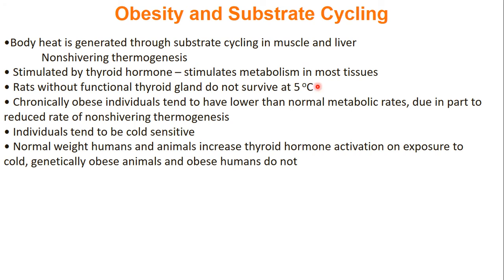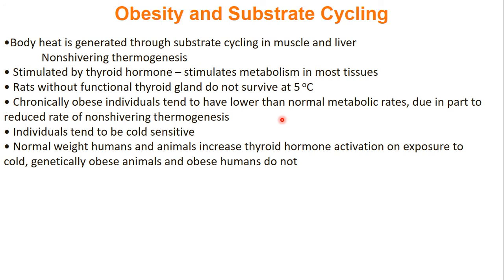And there have been experiments showing that in rats, if you remove their thyroid gland or make a non-functioning thyroid gland, they can't survive at 5 degrees C or lower. They're not making enough internal body heat. And chronically obese individuals usually have lower than normal metabolic rates.